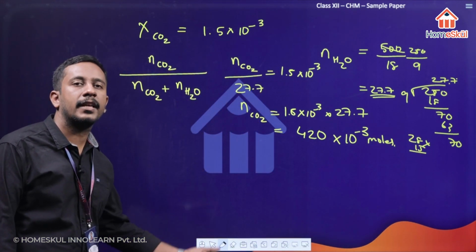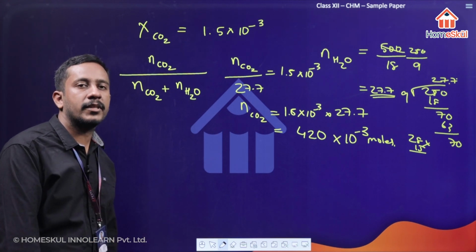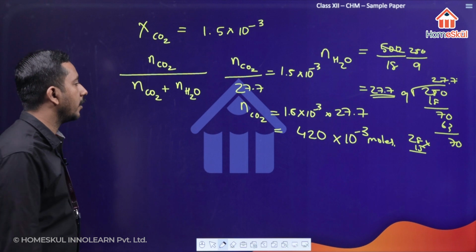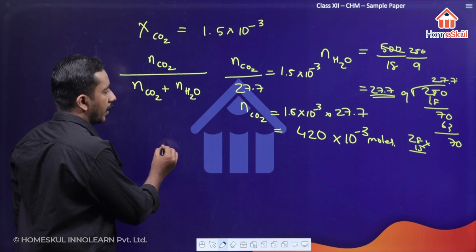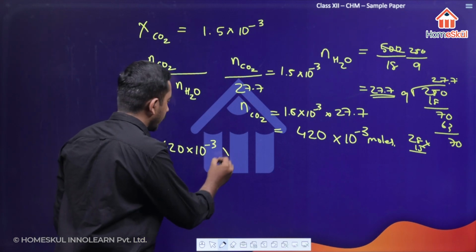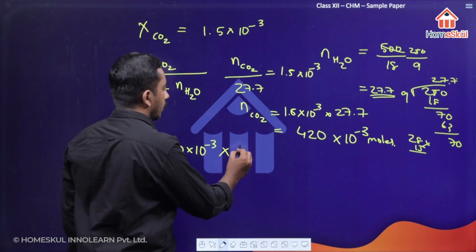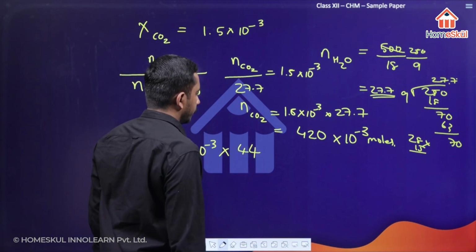Now we have obtained the number of moles of carbon dioxide, and if we want to find the amount of carbon dioxide, or the weight of carbon dioxide, what we can do is multiply this 420 × 10^-3 with the molecular weight of carbon dioxide, that is 44 gram per mole. Okay.